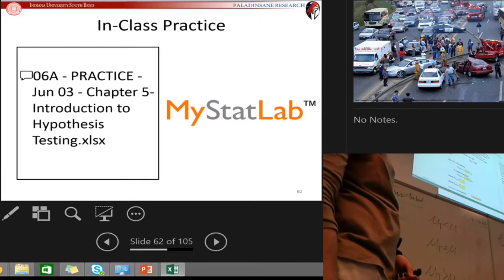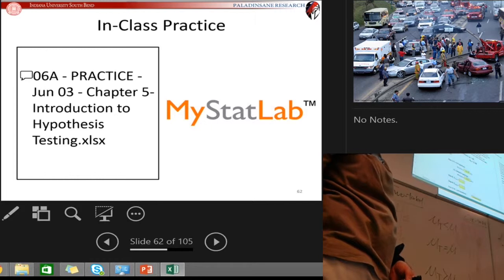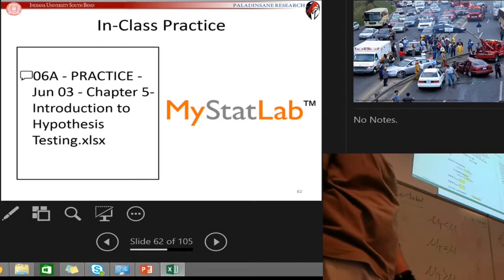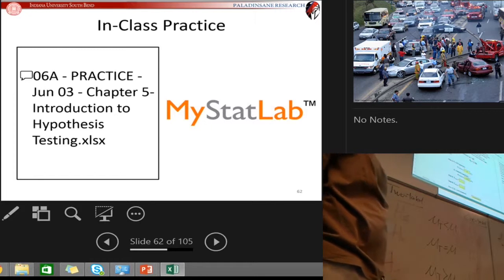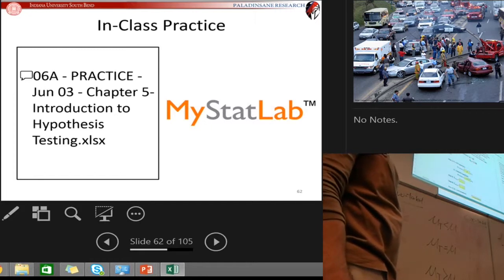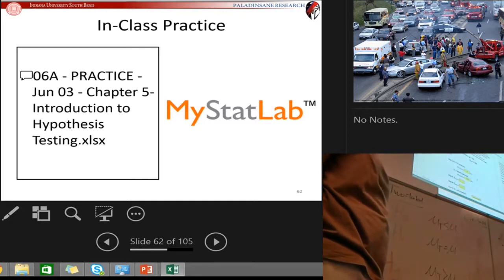So you will basically double click on this cell and then you will delete whatever it is that you don't want. So in this case, you would delete that so that you have the correctly phrased null hypothesis. Same thing for the research hypothesis. You will delete whatever it is that you do not want so that what remains is your research hypothesis.